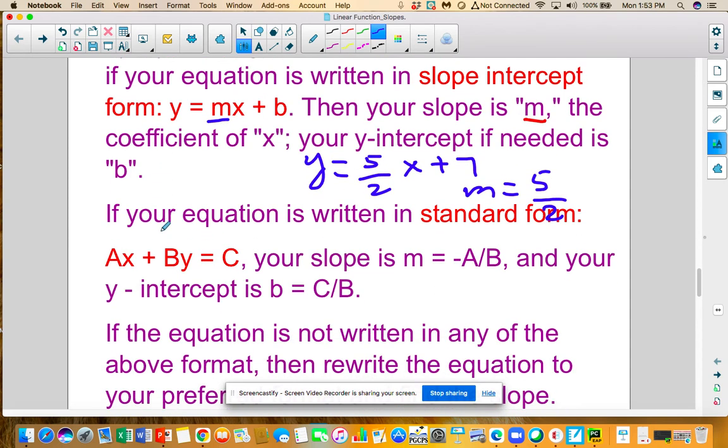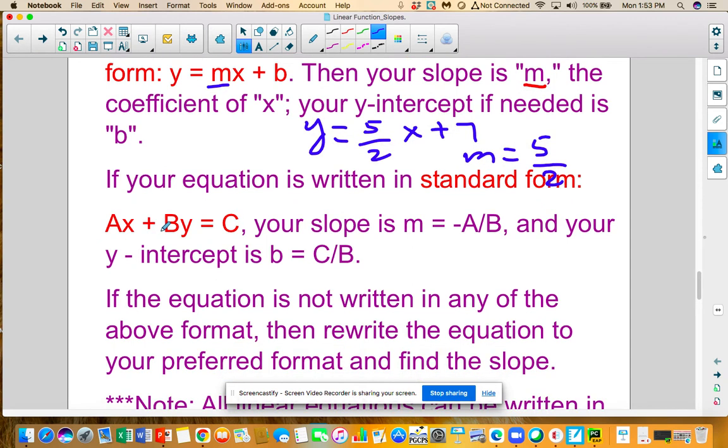Now, what if they give you an equation that is written in standard form? This format right here is called standard form.